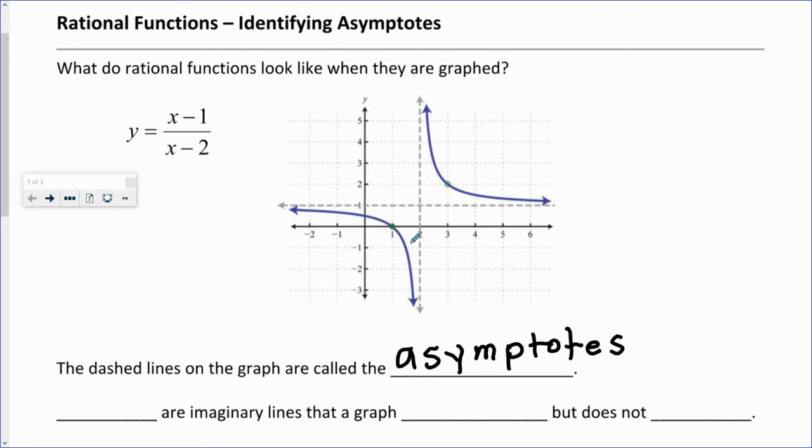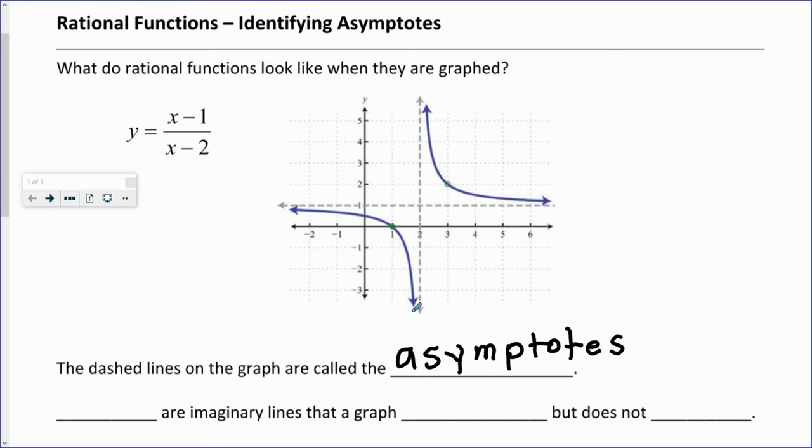Remember, asymptotes are an imaginary line, and the graph tends to approach that imaginary line, but it never crosses it. Okay, so you can see what's happening there. And then this piece of the rational graph is approaching both of those asymptotes as well.